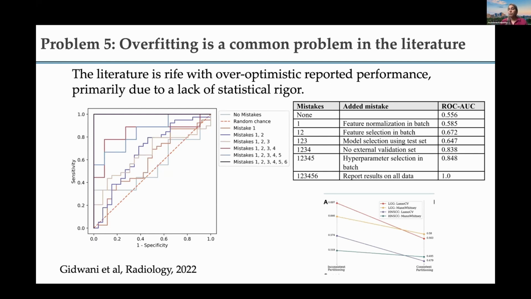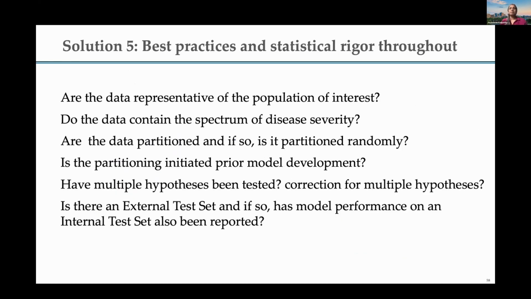We then looked to the literature and found that many of these mistakes happen more frequently than we'd like to admit. And again, we showed that you can go from really good performance to random performance as you get rid of your mistakes. So it's really important to have statistical rigor throughout the process.